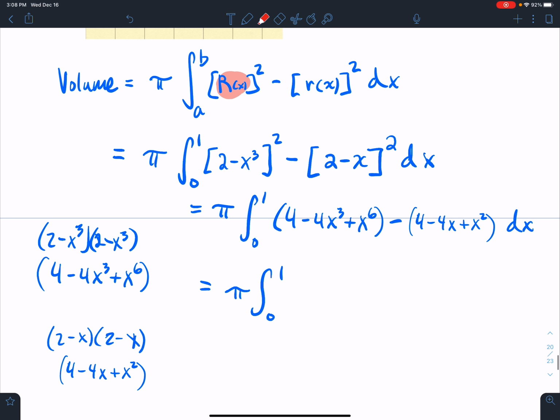If I simplify, I get pi integral from 0 to 1. The 4's cancel. I get a positive 4x minus x squared minus 4x cubed plus x to the 6th dx.